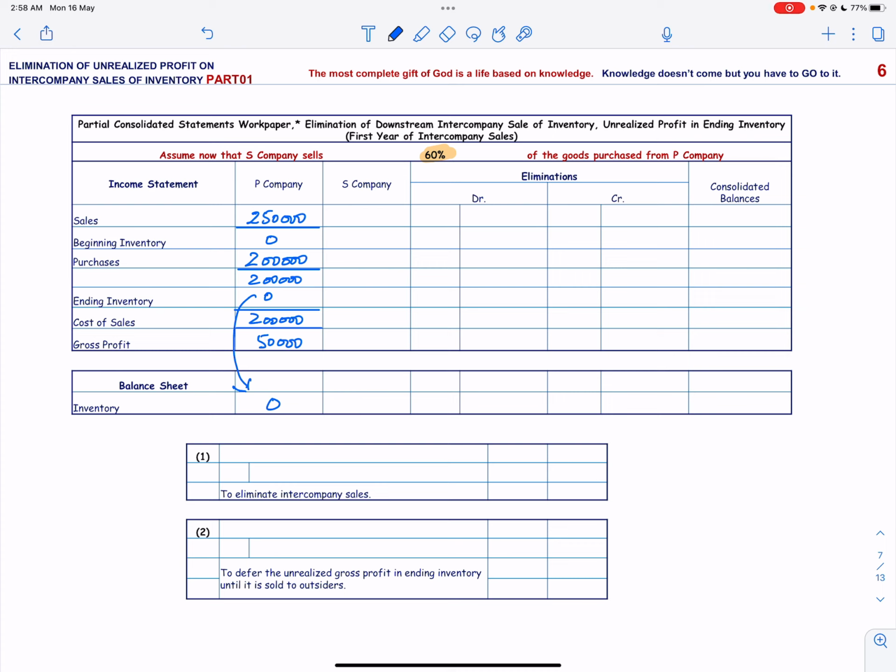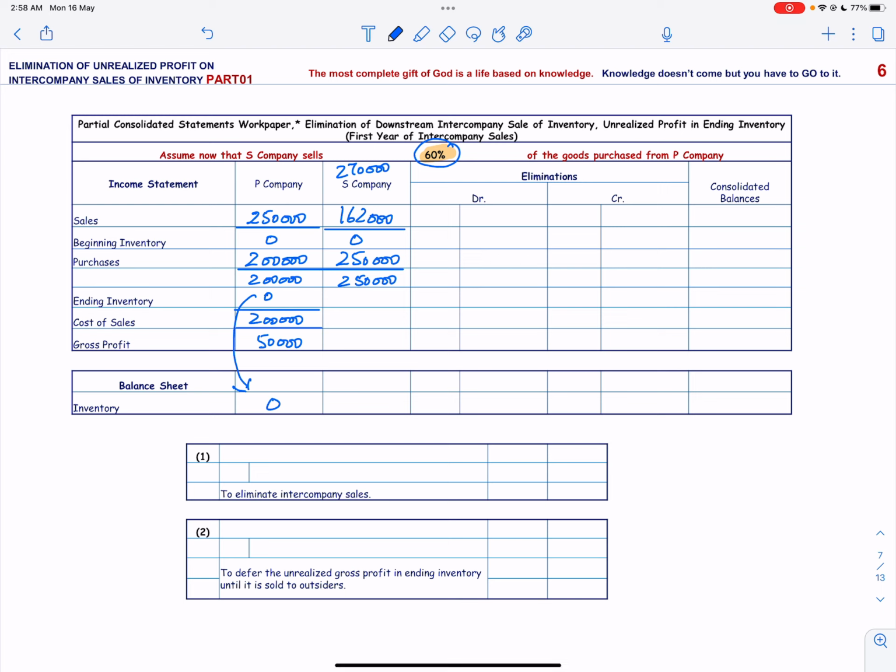Recall that S company sold 100% to third parties in the previous slides for 270,000. Now the income statement and the balance sheet of S company will look like this. We have 60% sales, so 60% of 270,000 is 162,000. The beginning inventory is 0. Purchases were 250,000, so the cost of goods available for sales is 250,000.